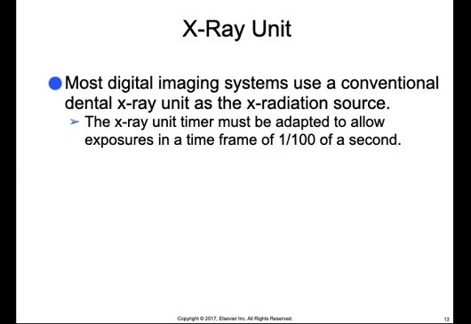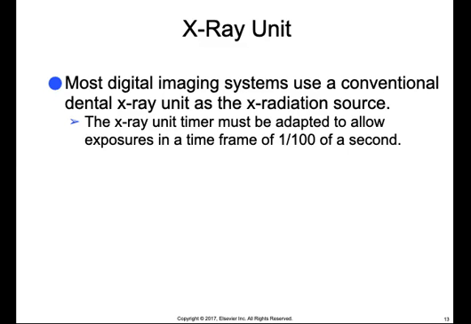Most digital imaging systems use a conventional dental X-ray as the X-ray radiation source. And just remember, the X-ray unit timer has to be adapted to allow exposures in a time frame of about 1/100th of a second. So when we look at a control panel of an X-ray unit, 1/100th of a second refers to that 0.08 or that 0.06 that we sometimes see.